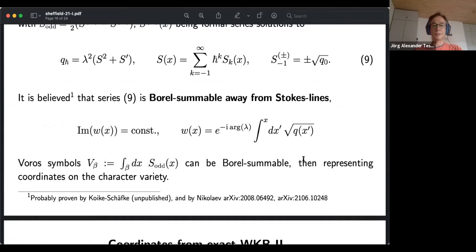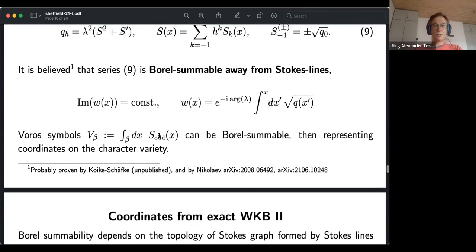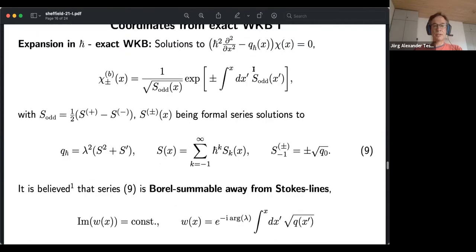We consider cycles on that spectral curve, on that cover, and we integrate over them this S odd, which is the key player in the reconstruction of solutions through Borel summation.